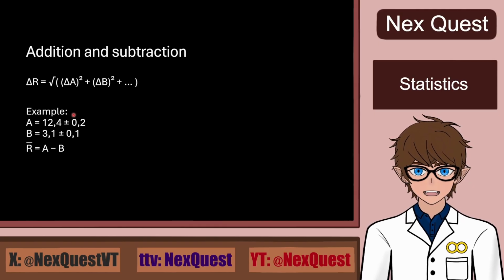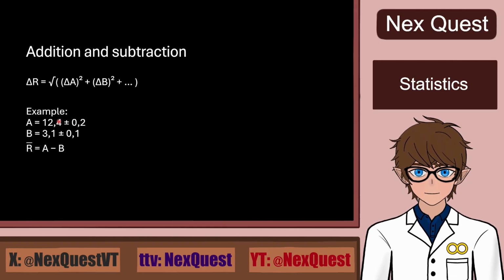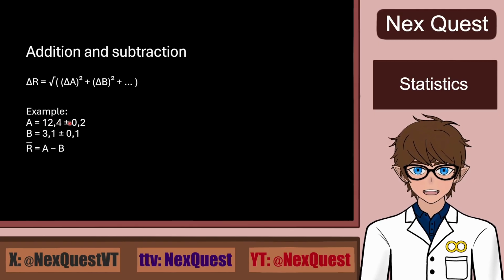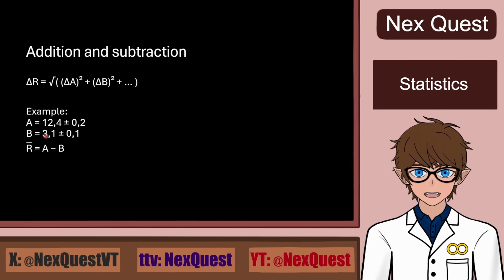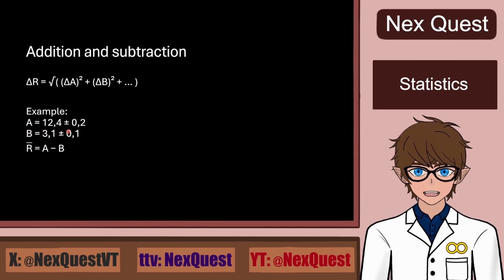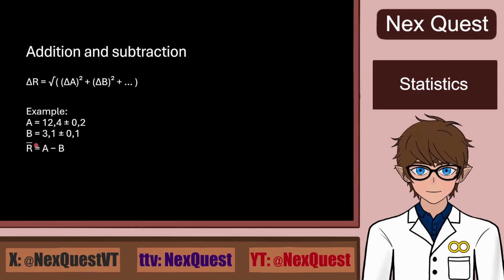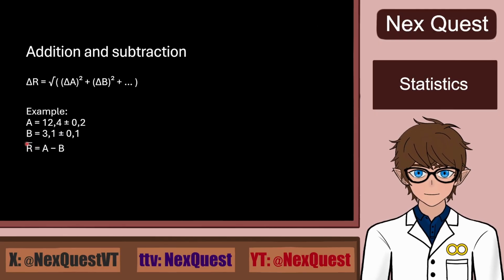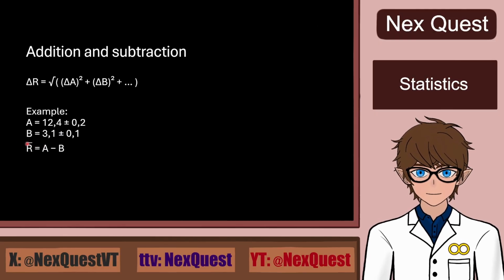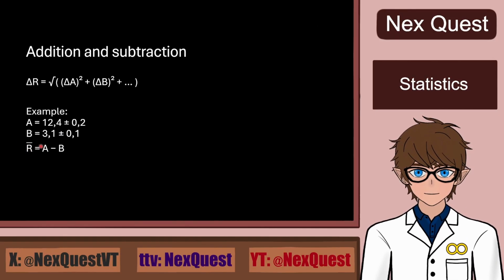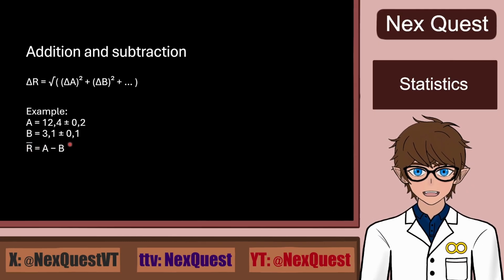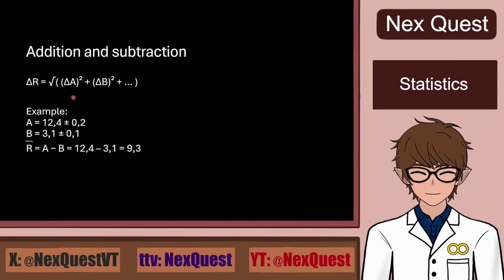But yes, let's solve this example. We have our A value of 12.4 plus minus 0.2 and a B value of 3.1 plus minus 0.1. Our goal is to calculate R, where R is defined as A minus B. So basically take the difference.